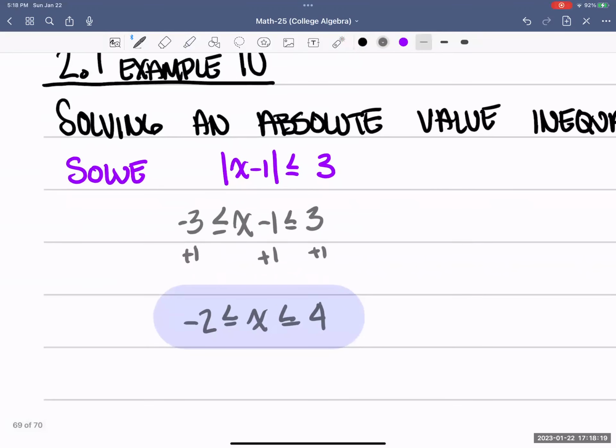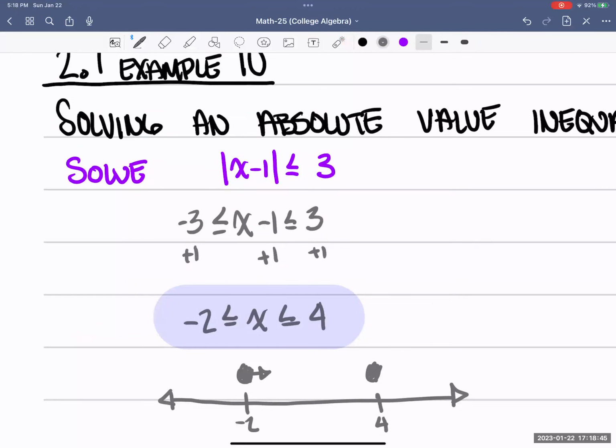In set notation, we could draw our number line just to see where we are. Closed circles for these. Negative 2 is less than or equal to x, so x is going to be numbers bigger than negative 2. We could draw a little arrow pointing this way.